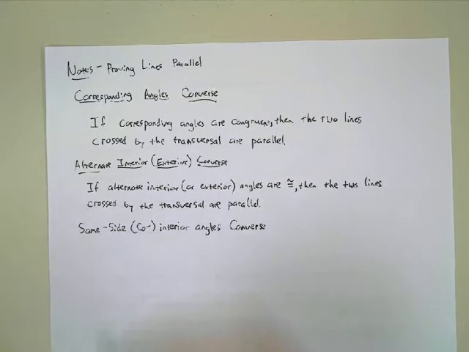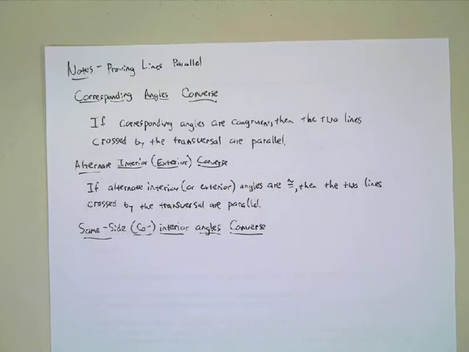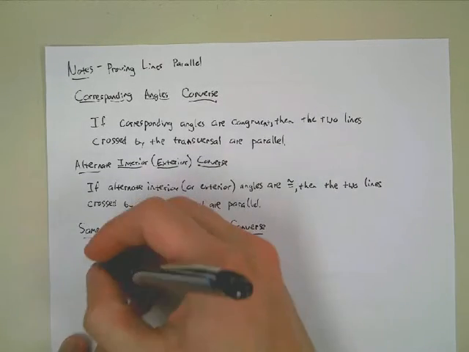And this one, we're not looking to see if they're congruent, we're looking to see if they are what? What's the relationship between same side interior angles when the two lines are parallel? It's not when they're not congruent. What are these ones? Yeah, supplementary.